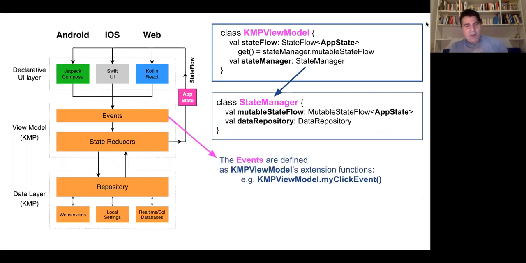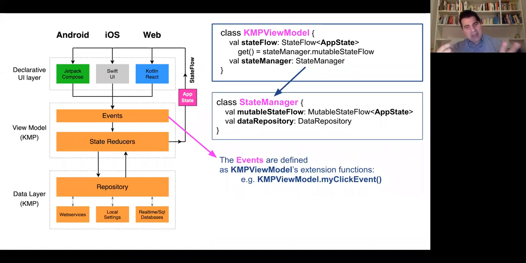And what are the events? The events are defined as extension functions of the view model. Let's say an event is my click event, which is directly an extension function. As you know, the view model is shared across all the UI layers.